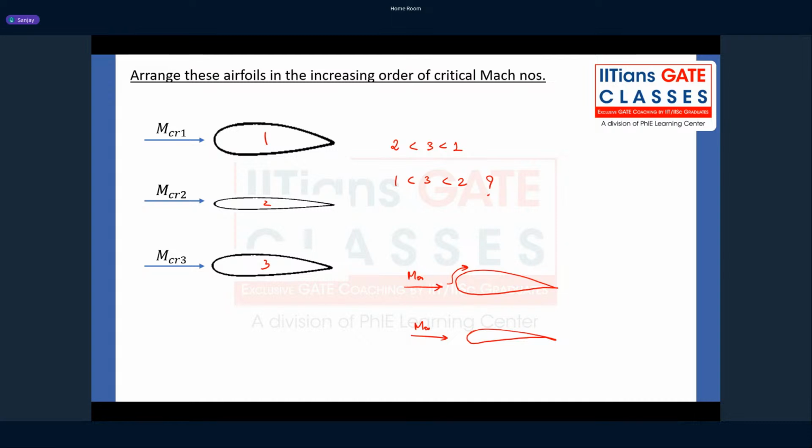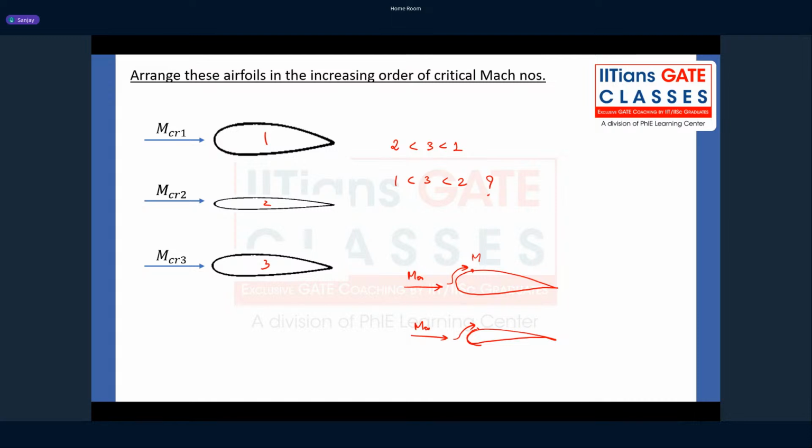If it accelerates quickly, the local Mach number you will reach on the surface is more compared to the thin aerofoil. For the thin aerofoil, because the curvature is less, the acceleration on the top surface is less, and the local Mach number is less.